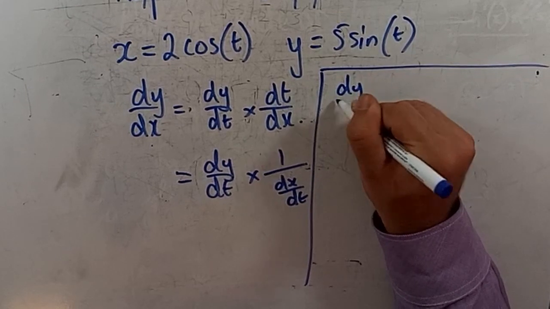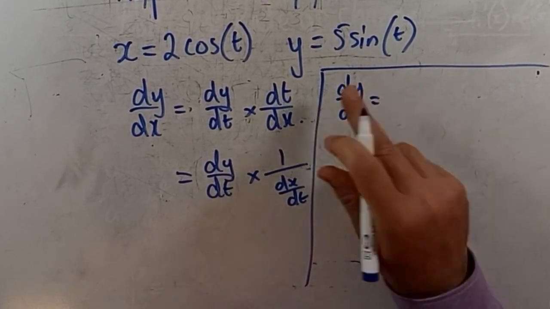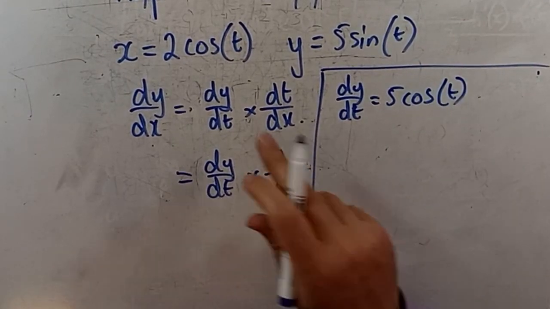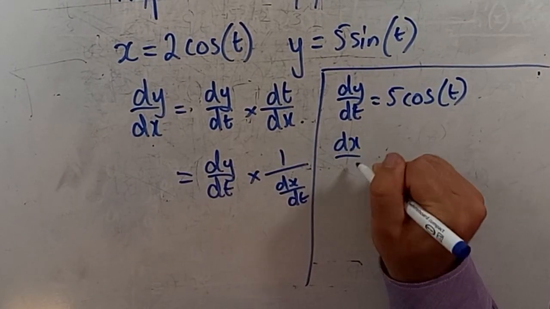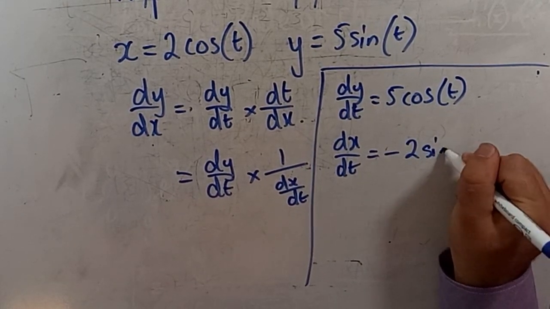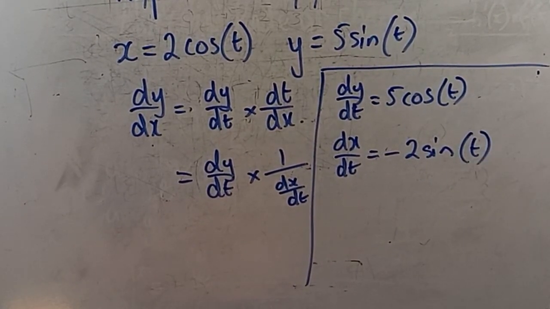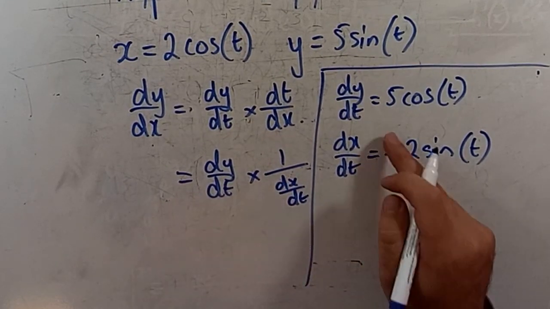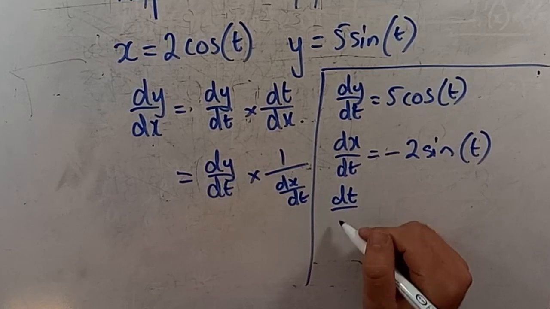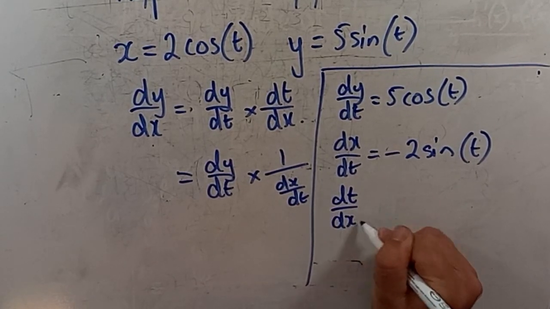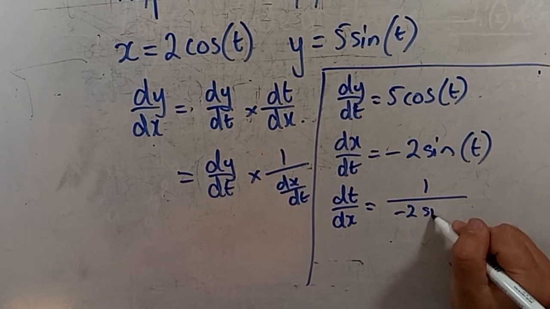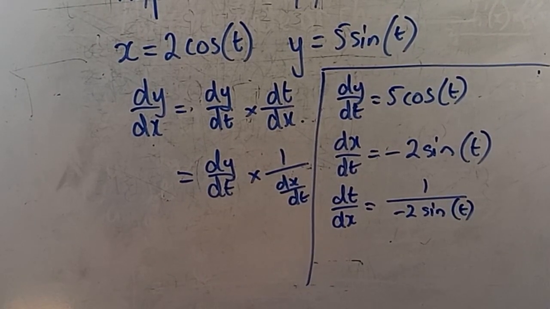Okay, dy/dt, the derivative of this is 5 cos of t, and dx/dt is negative 2 sine of t. Okay, and now we want to flip this, so dt/dx is just 1 on negative 2 sine t.